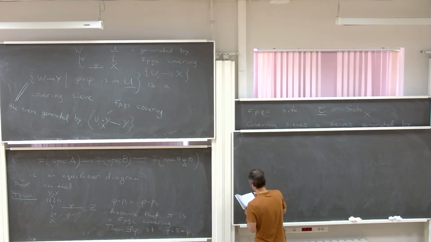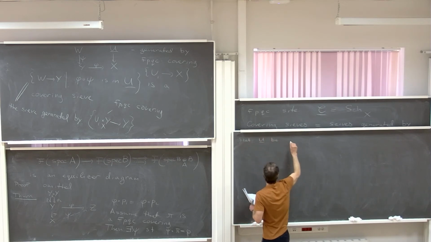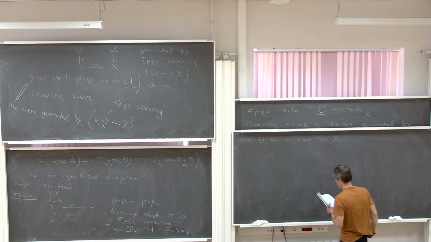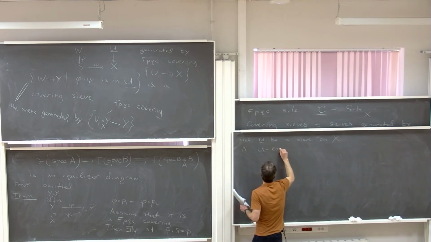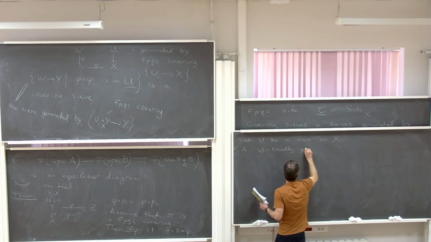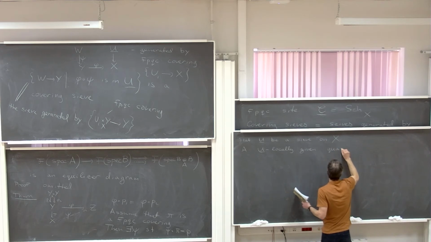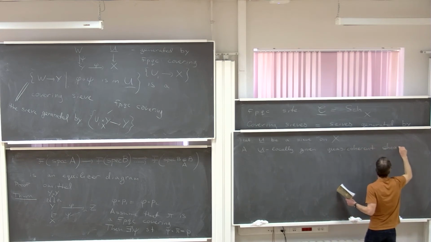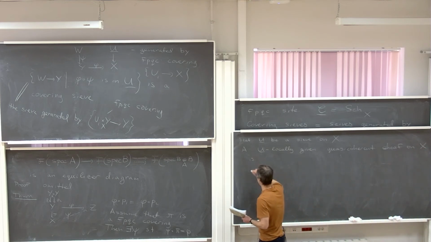Let's introduce some terminology. So let U be any sieve on X. So a U-locally given quasi-coherent sheaf on X consists of the following data.